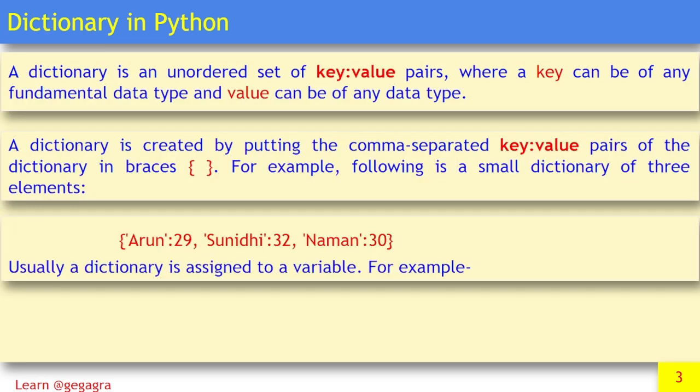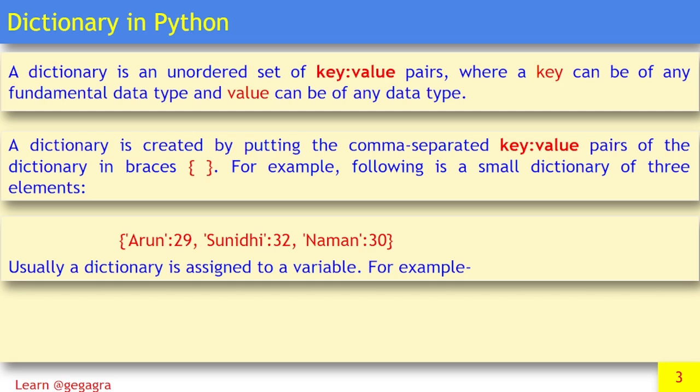So here if you look at the values in braces, like Arun, it is a string, colon 20. So here this is a key and this is a value. Sunidhi is the key and 32 is the value, and Naman is the key and 30 is the value. So usually a dictionary is assigned to a variable.